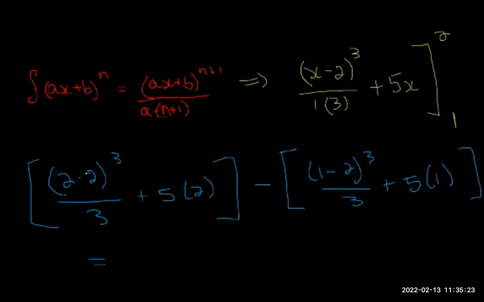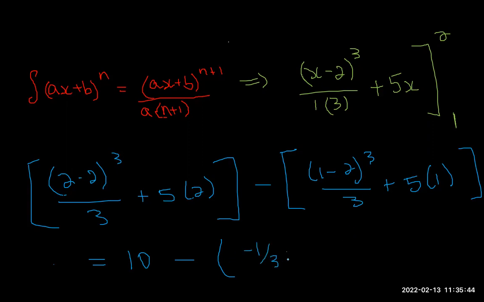Simplifying. 2 minus 2 is 0, 0 cubed is 0, 0 over 3 is 0. 5 by 2 is 10. Minus, 1 minus 2, that's minus 1 cubed, that's minus 1, so that's minus a third, plus 5. That's what we end up with in this bracket right here.